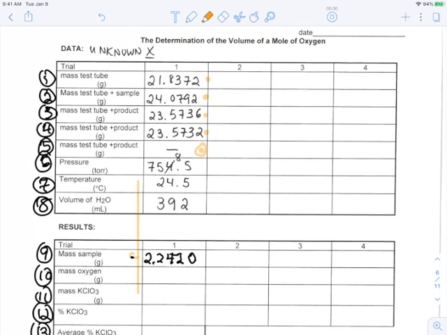I'm sorry, I probably said that in reverse. We're going to take the mass of test tube plus sample that we started with, and we're going to subtract the mass of the test tube plus the product. I'm going to use the final number here.